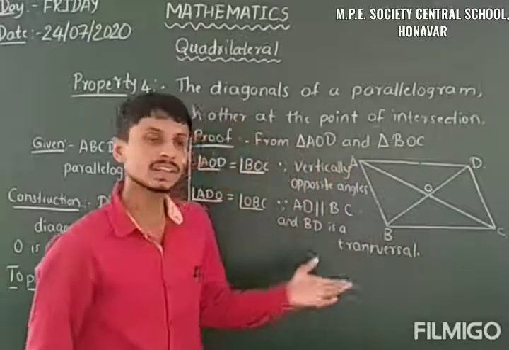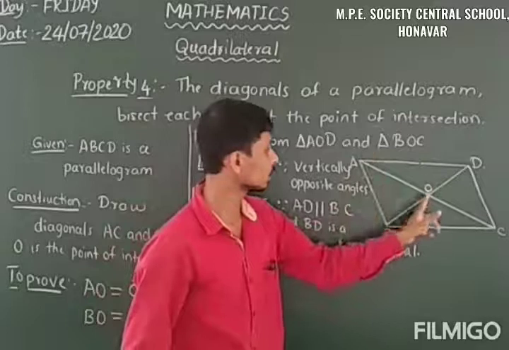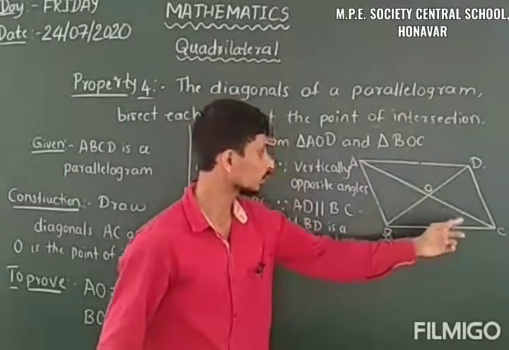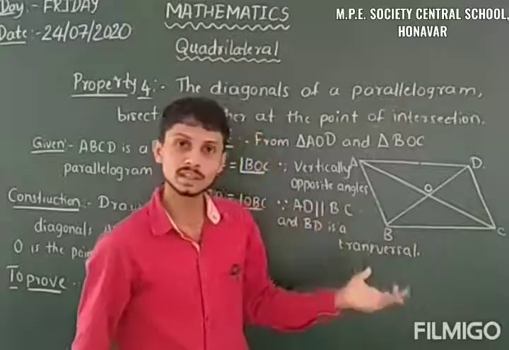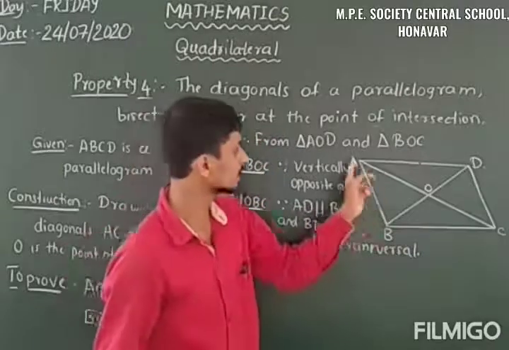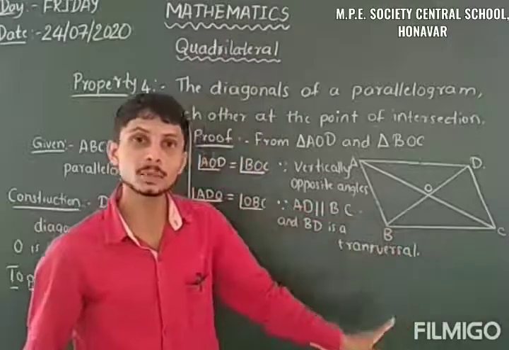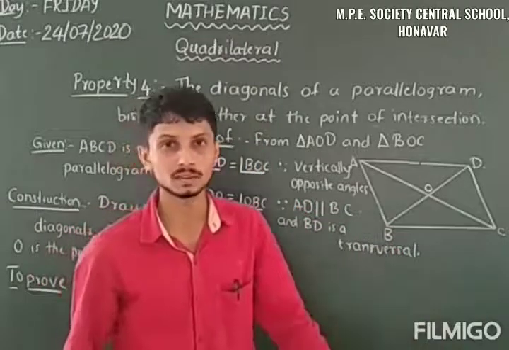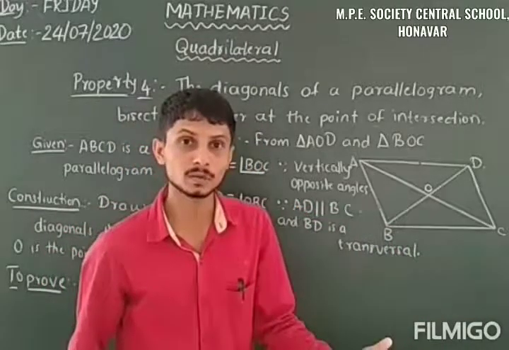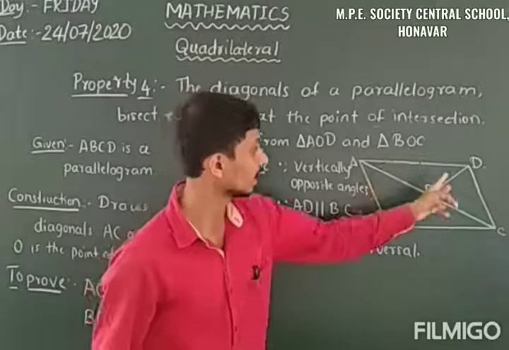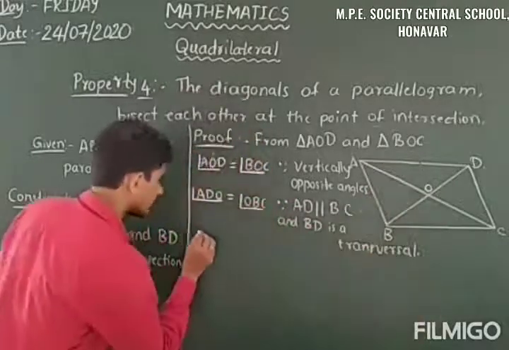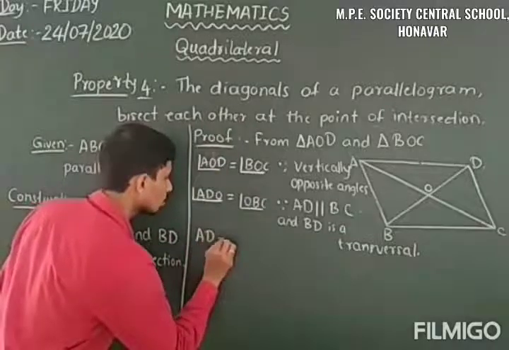Yes, we can take this also, DAO and OCB. Otherwise we can take AD is equal to BC, because the opposite sides of a parallelogram are of equal length. We already learnt this in property 1. So that's why we can take AD is equal to BC.